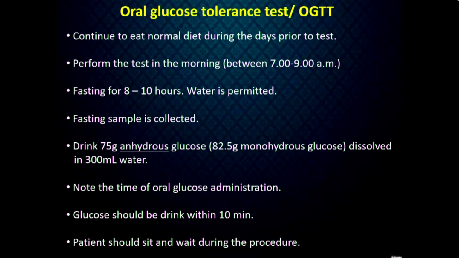Then the fasting sample is collected, and the glucose solution, that is 75 gram anhydrous glucose or 82.5 gram monohydrous glucose dissolved in 300 ml water, should be drunk within 10 minutes, and you have to note the time. Then the patient should sit and wait during the whole procedure.